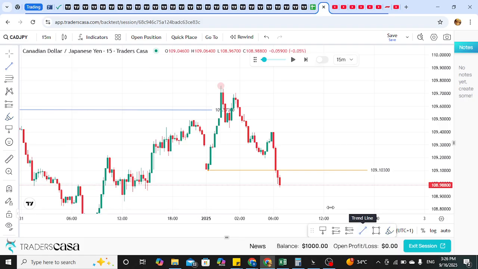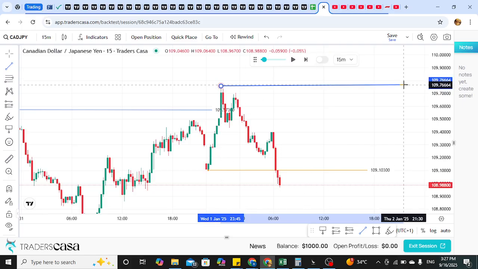Okay, so this is the high of the range at 109.7580.